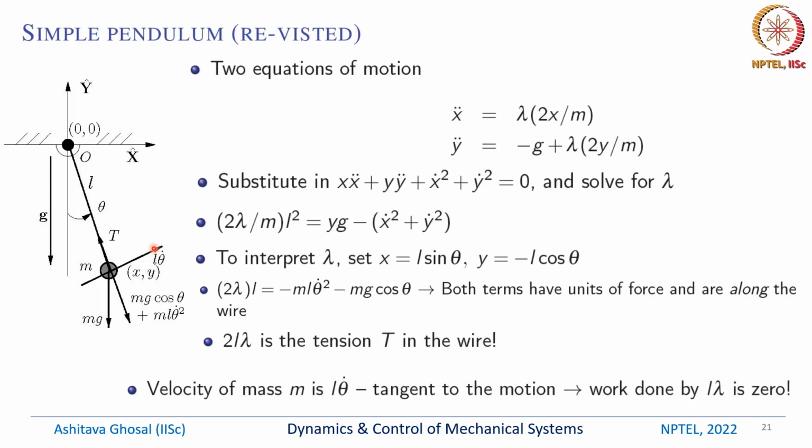I showed you that the work done by psi transpose lambda was zero. Here also, we know for a simple pendulum, we have studied this in many places, that there is the tension in the wire, and that is perpendicular to the direction of motion, and hence the work done by this force is zero.